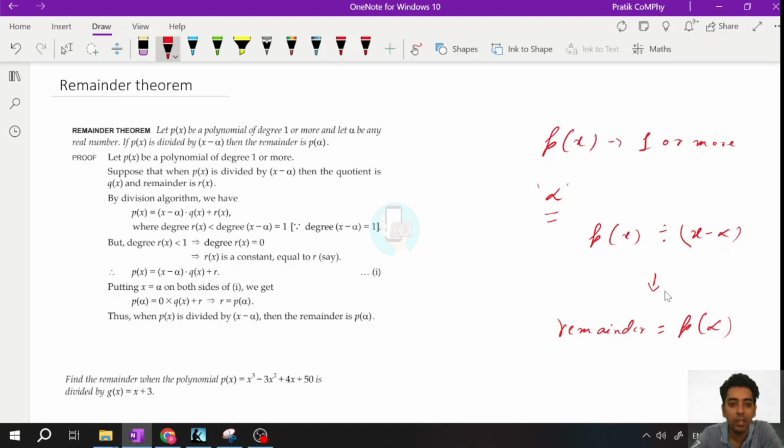So as per the given statement, we have been given p of x, a polynomial of degree 1 or more.